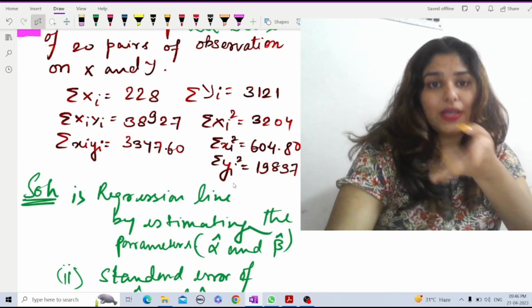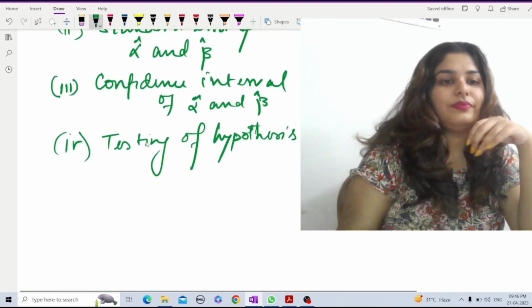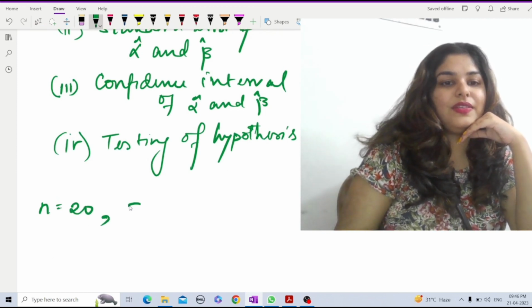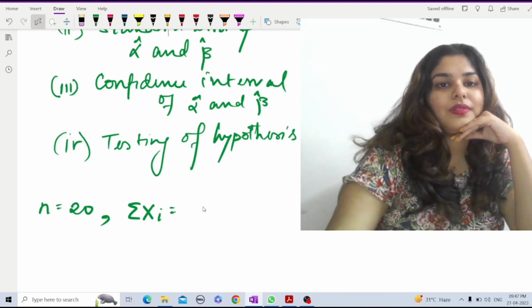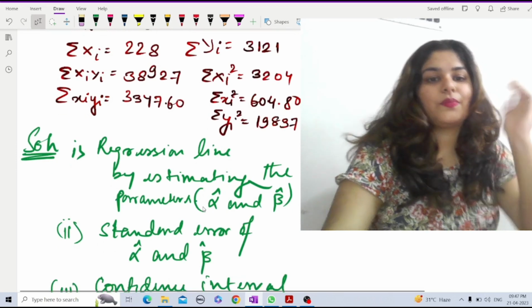We are given 20 pairs of observations. So that means n is equal to 20. What else is given? We are given summation xi is equal to 228.